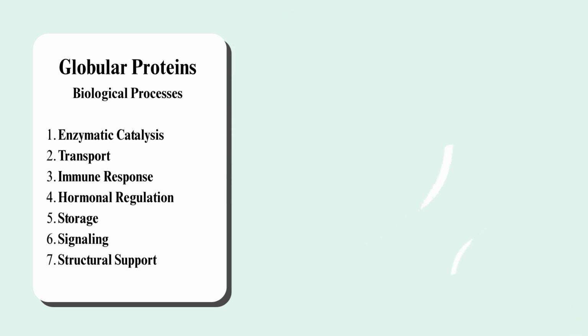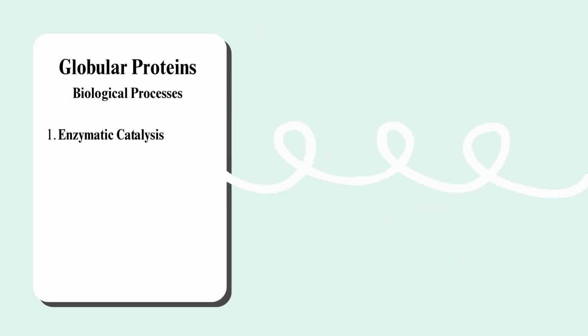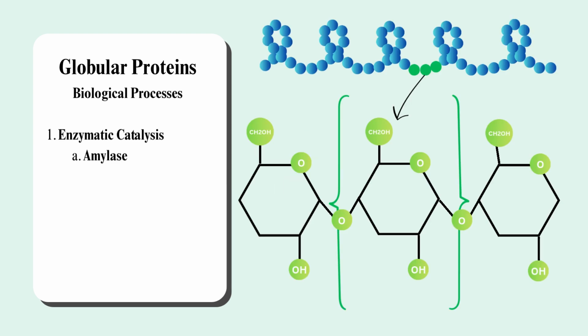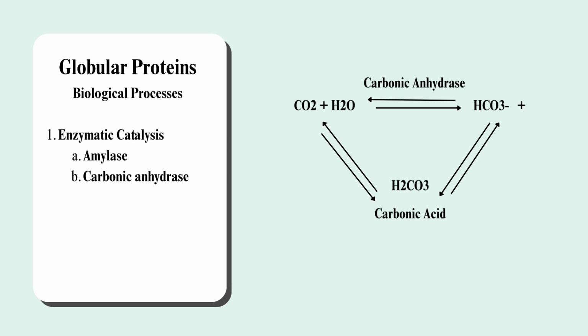Globular proteins are essential for a wide range of biological functions. Enzymatic catalysis. Many enzymes, which accelerate chemical reactions, are globular proteins. Examples include amylase, which plays a role in digestion, and carbonic anhydrase, which plays a role in carbon dioxide transport.